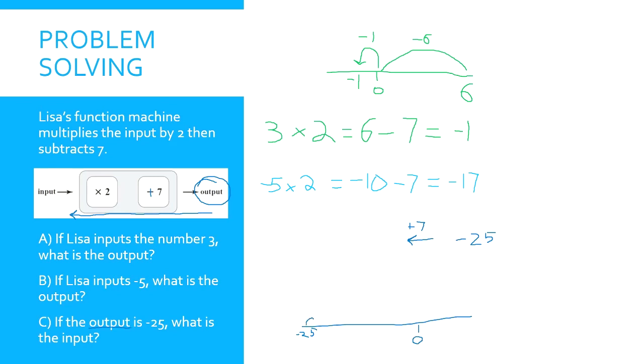So I'd have 25, 24, 23, 22, 21, 20. So that takes me 1, 2, 3, 4, 5. It's negative 20 here. Then I need to do another 2 to get to negative 18. So I've now got negative 18 written over here.